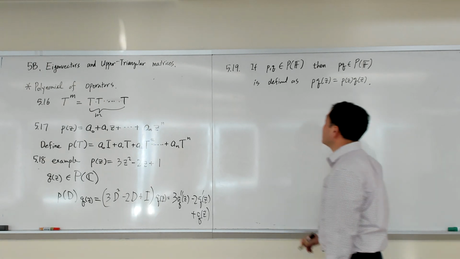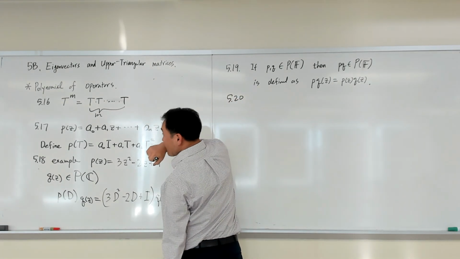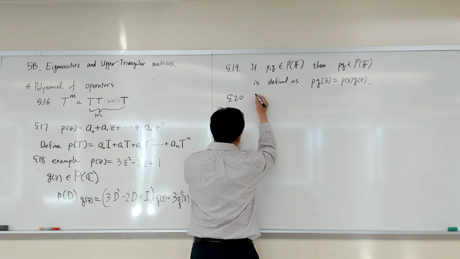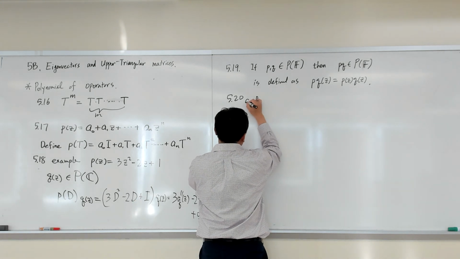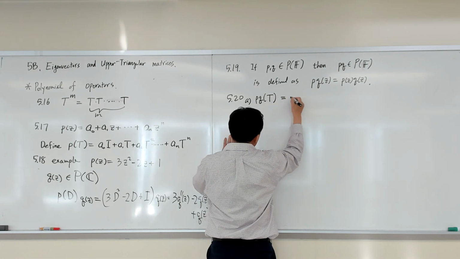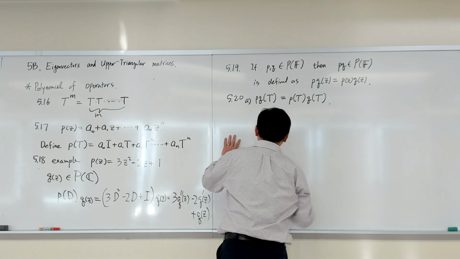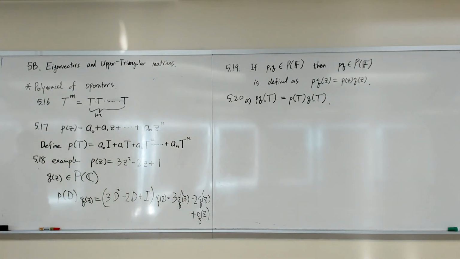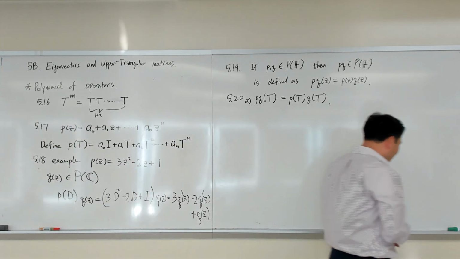Okay. So now we have 5.20, which is PQ of T is the same as P of T times Q of T. Now this is a bit confusing.